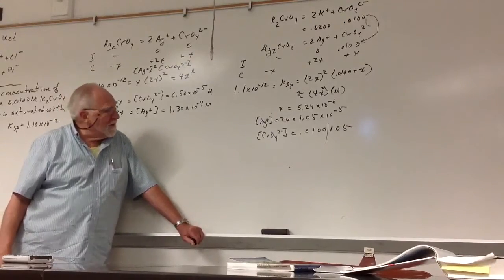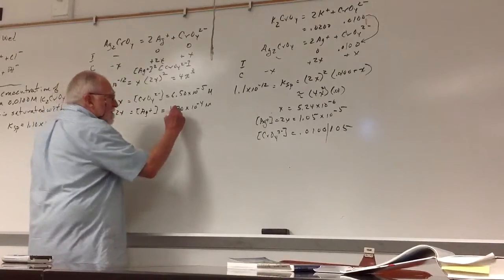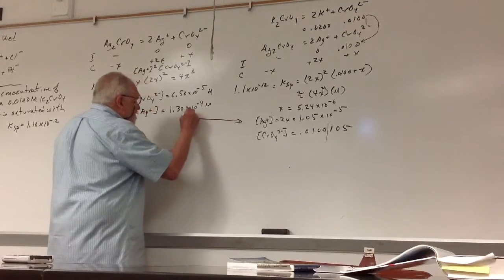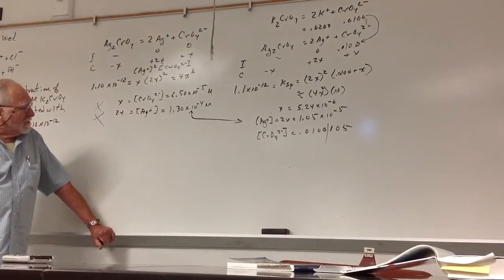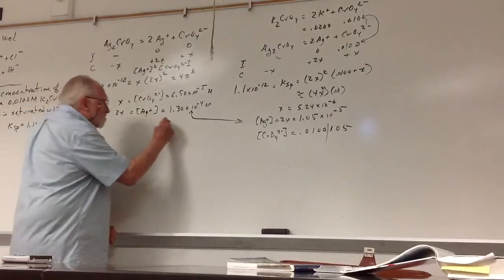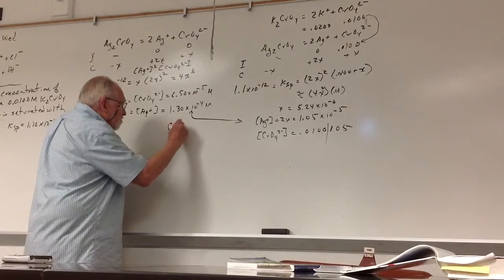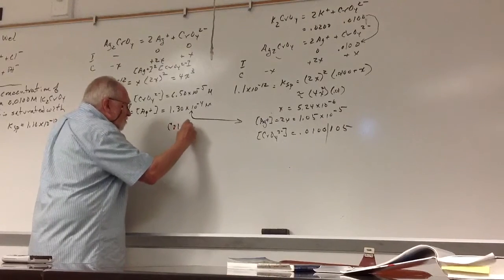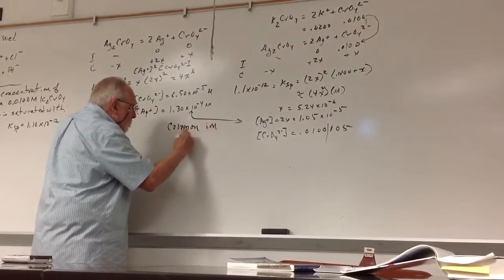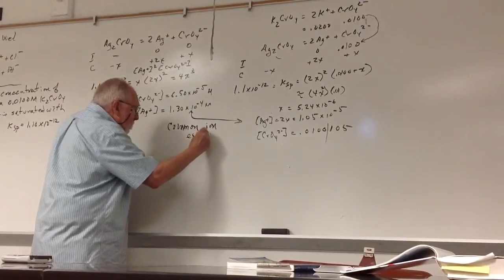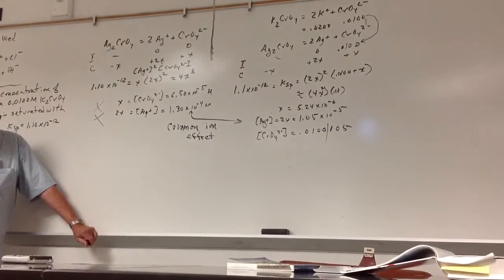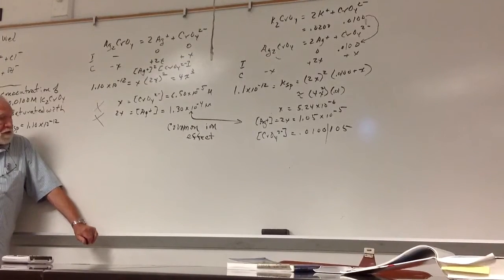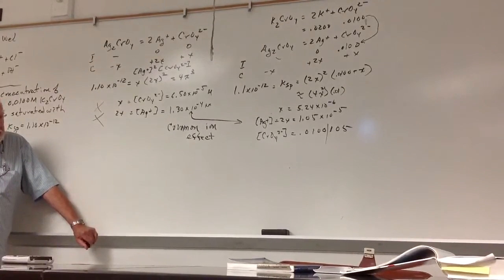Now this is what is called the common ion effect. If you look at silver, its concentration went down by a factor of 10. Went from 10 to the minus 4 to 10 to the minus 5. It's the common ion effect. In other words, it's reduced the concentration of silver ion that remains behind in solution.